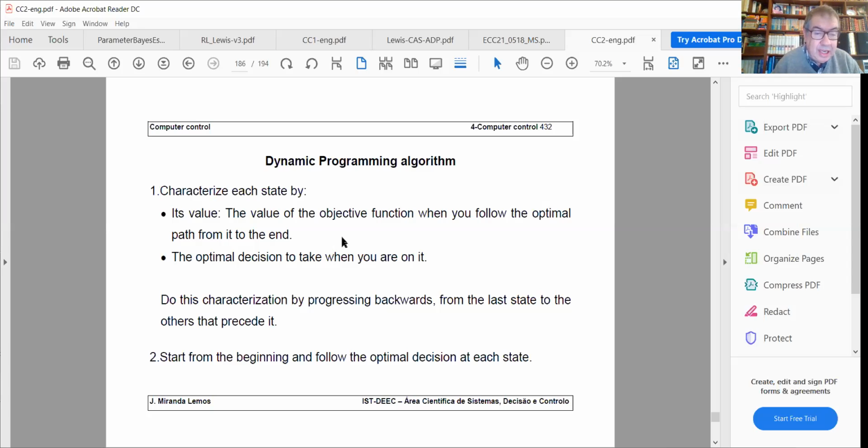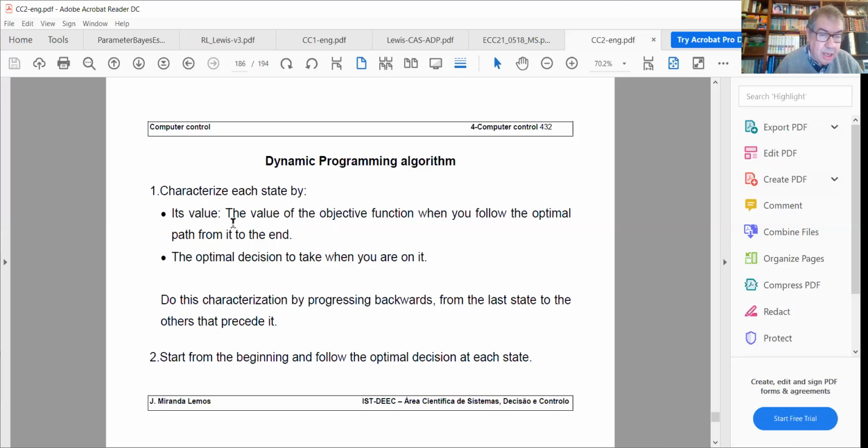Now, think of the one that optimizes your objective function. Okay, that's the value of the state, or the optimal value, better to say. Okay, the optimal cost to go. So you have a cost from going to some state to the end, and if you follow the optimal sequence of controls, you have the optimal cost to go, and this is the value of the state.